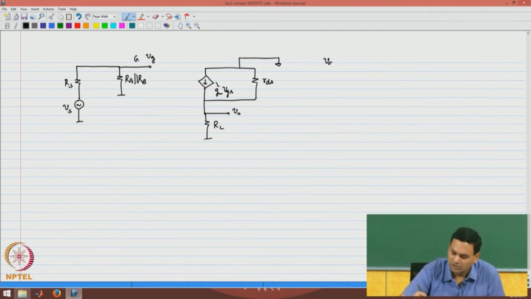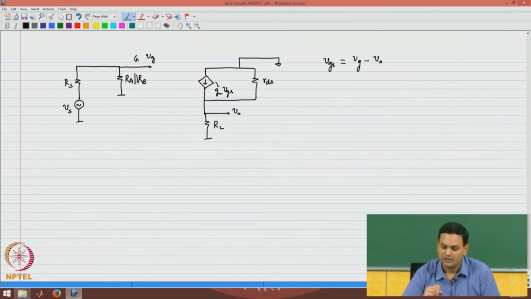Now, we will point out that vgs for the transistor is vg minus vo.